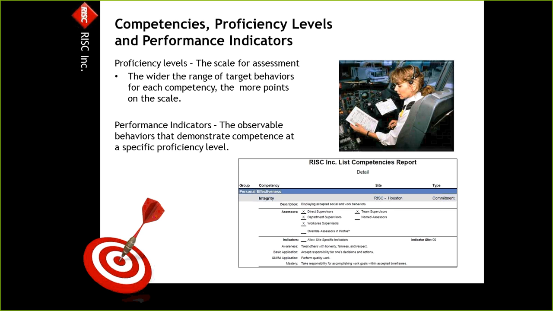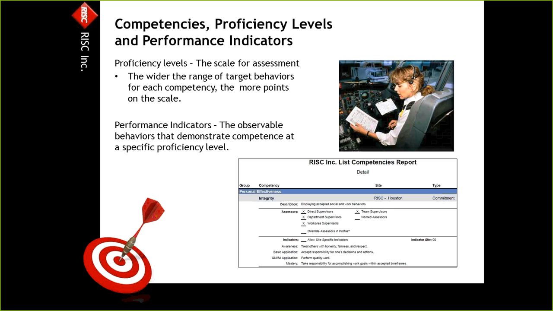If they can do an advanced site assessment and planning and some kind of intricate work, maybe they're at a skillful application level. So performance indicators are just those observable behaviors that we can tie back to a proficiency level to help an assessor assess whether or not a person meets that level.